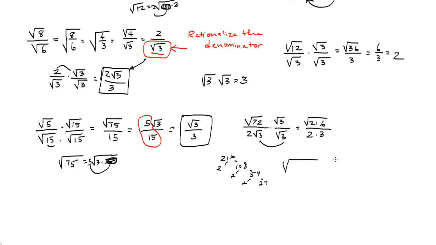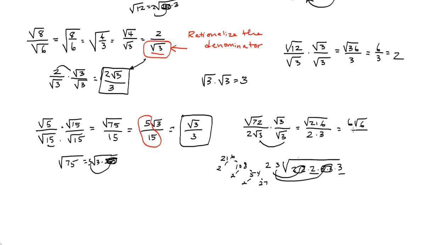So radical 216 is 2 times 2 times 2 times 3 times 3 times 3. What happens when you reduce that? A 2 comes out, and a 3 comes out. So what do I get? I get 6 radical 6.